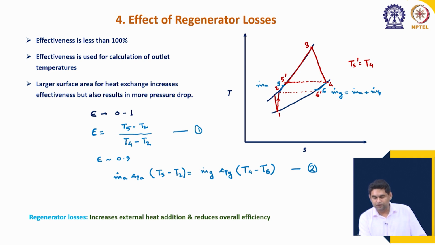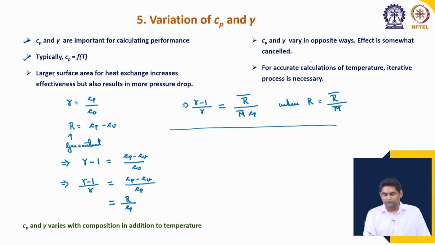One is the air side, which is the compressor and regenerator air side, and the other is the gas side, which is the turbine and gas side regenerator, and for the combustion it is going from air to gas. Accordingly we will take Cp values for quick calculation. This is what we will follow in this course.